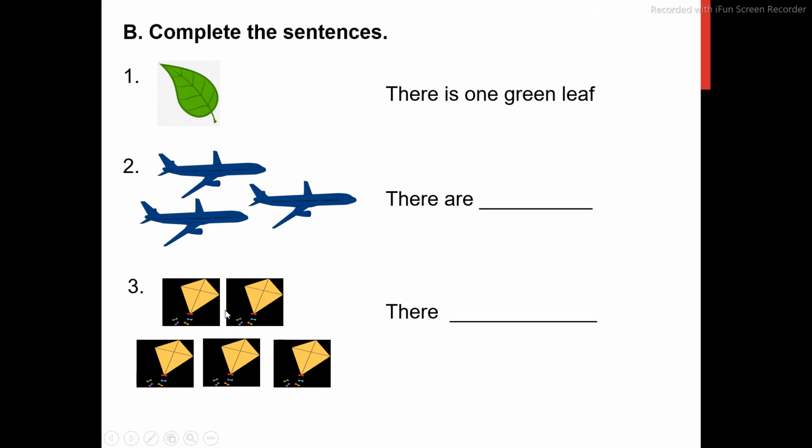Since there is more than one kite in this picture, we're going to use the word are. There are 5 yellow kites. Number 3, there are 5 yellow kites.